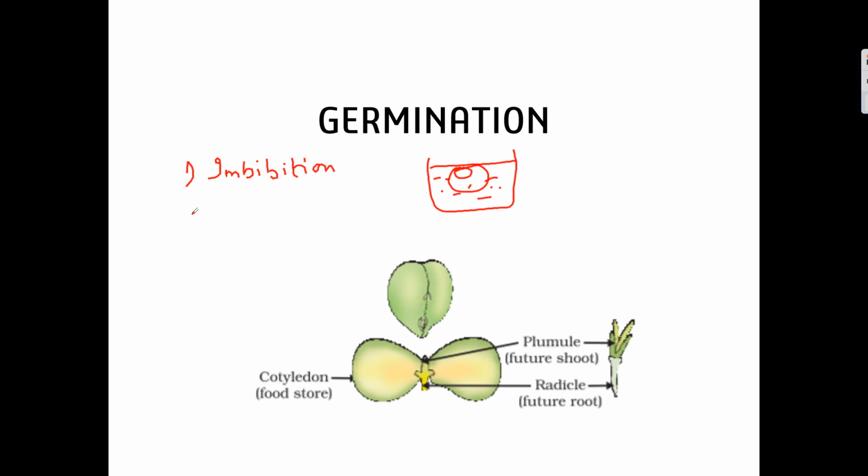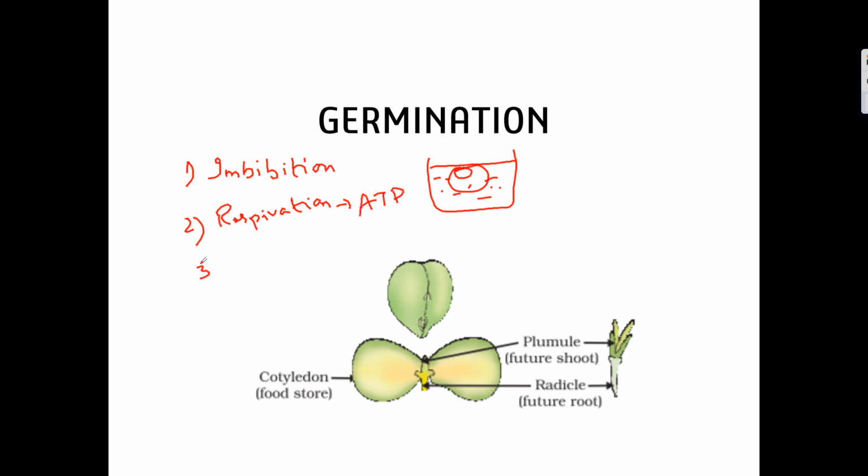Once it has imbibed a lot of water, the process of respiration will start. Why does the respiration start? For the production of energy, that is nothing but ATP. Once the energy production starts, the cells inside start dividing with the use of this energy.